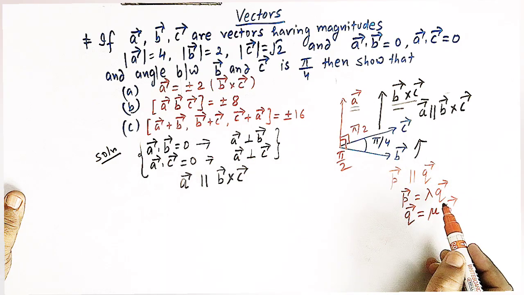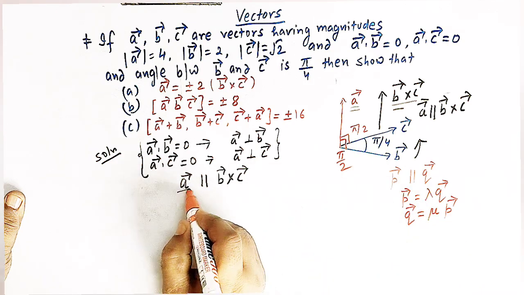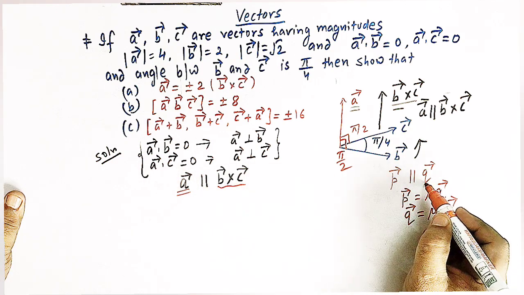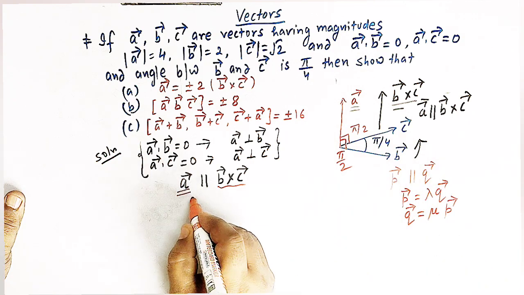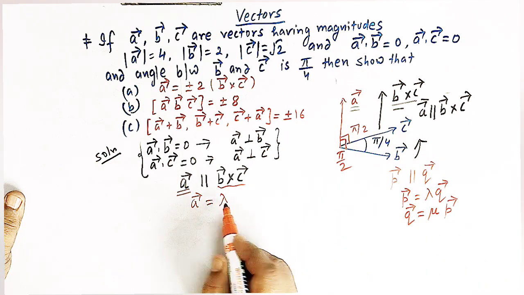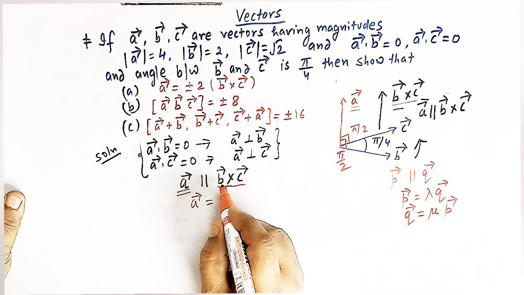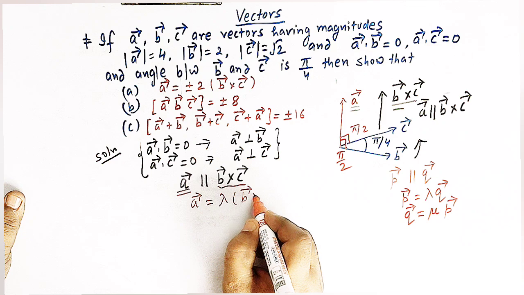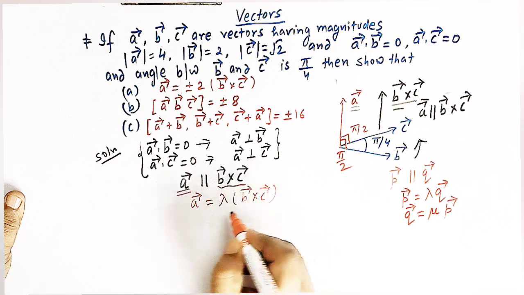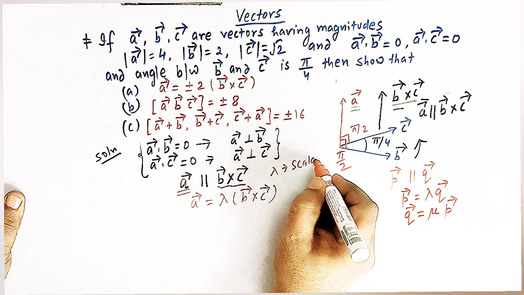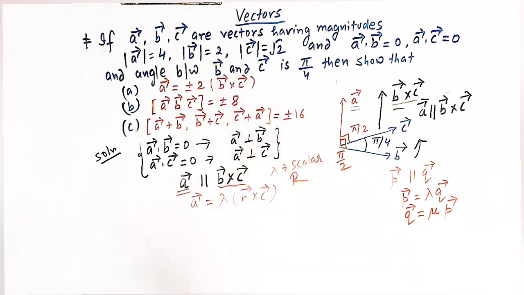So we'll use this concept over here. If this is vector p and this is vector q, then this vector A can be written as a scalar multiplication of vector B cross C, where lambda is some scalar, some real number.